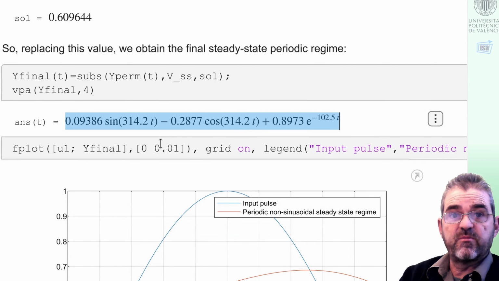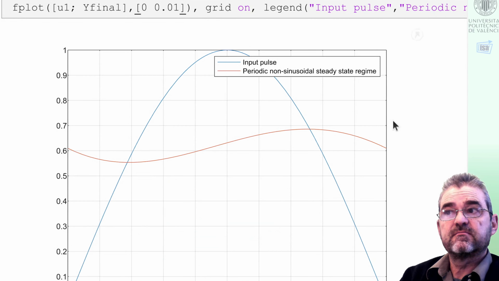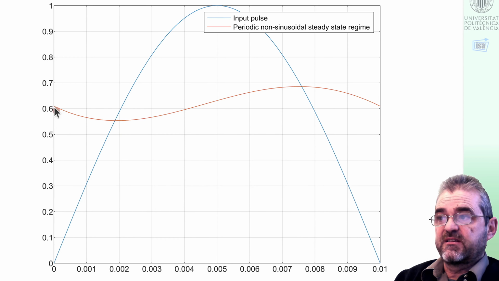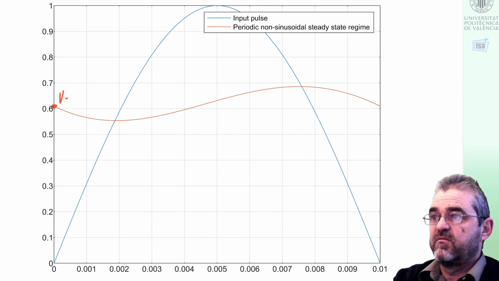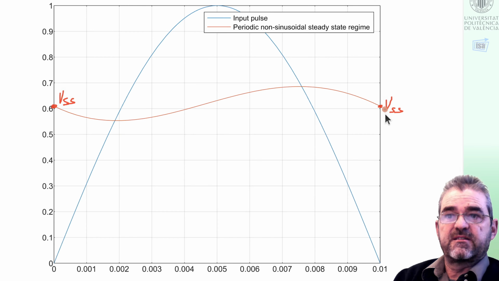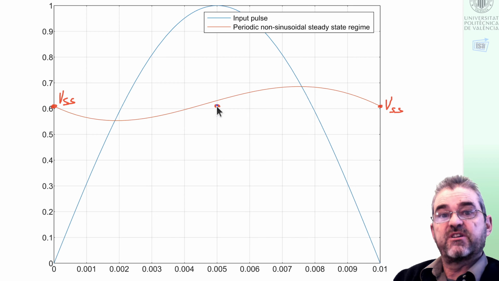If we plot it just for 10 milliseconds, we have the input, the sinusoidal pulse, and something that starts in VSS and also ends in VSS. So when subject to repeated input pulses, the output would be a repetition of the red line, as we have that exponential term.